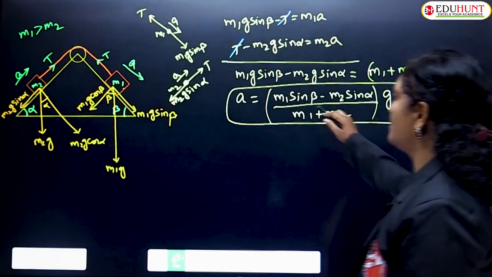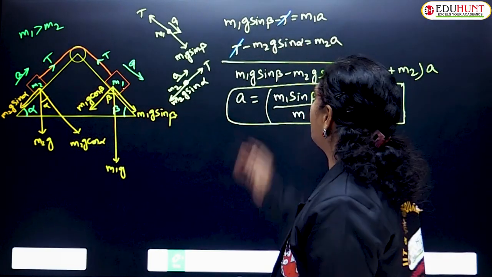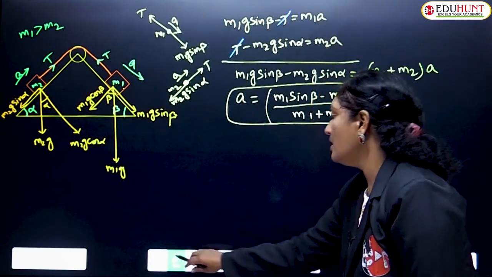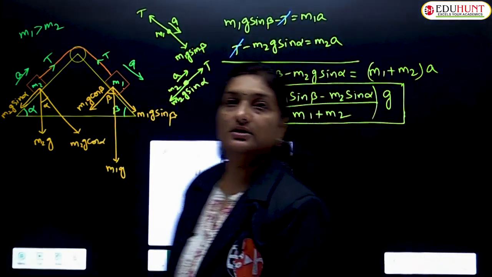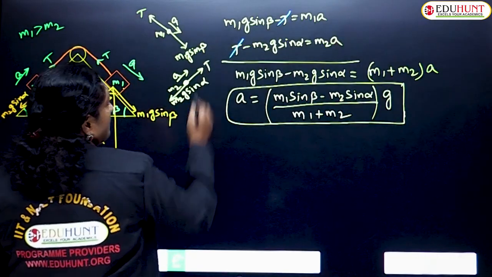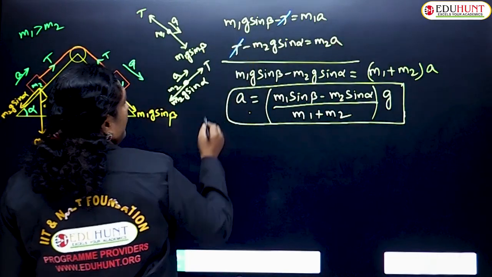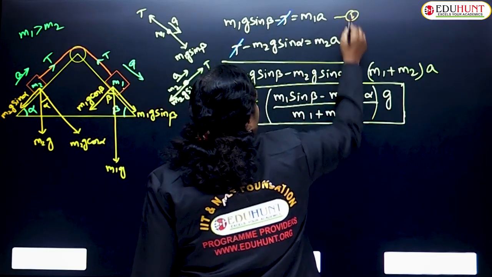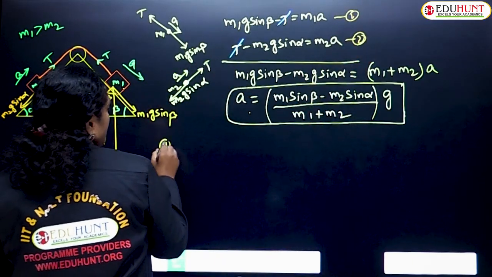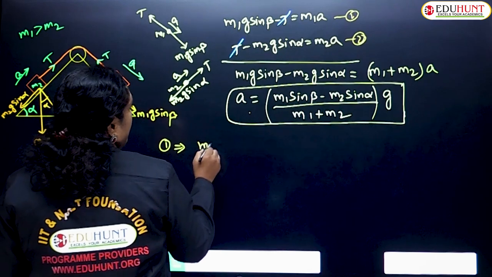Substituting the value of acceleration in either of the two equations, either the first equation or the second equation, you can even calculate the tension produced in the string. Therefore, substituting the value of a in the first equation, let this be the first equation and here the second equation. We have from the first equation, what is that, children?